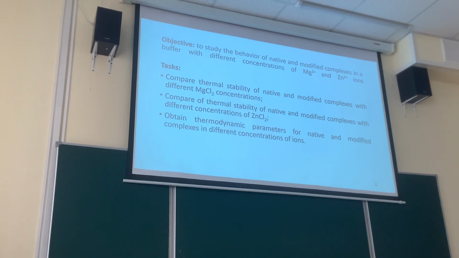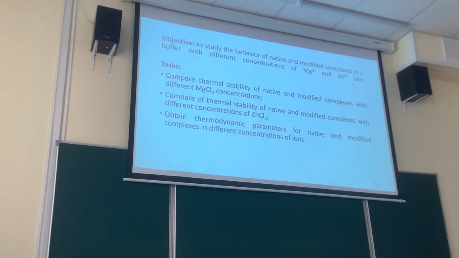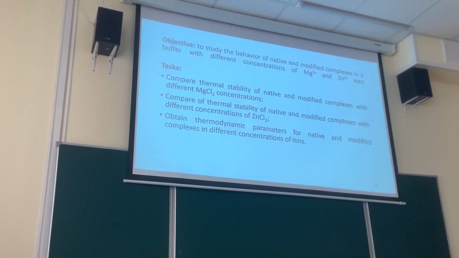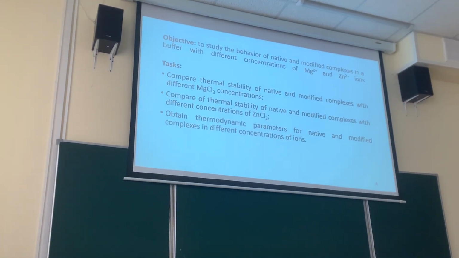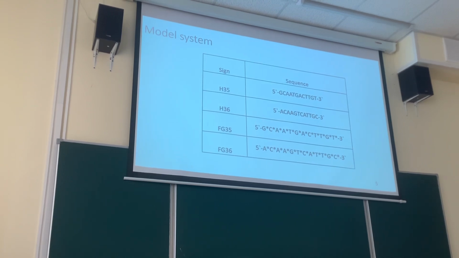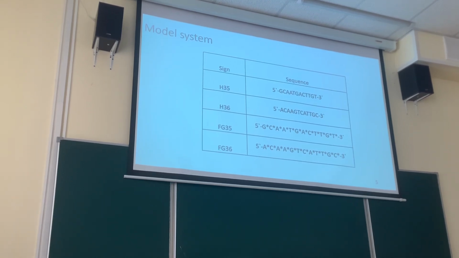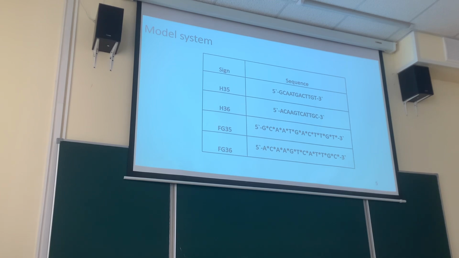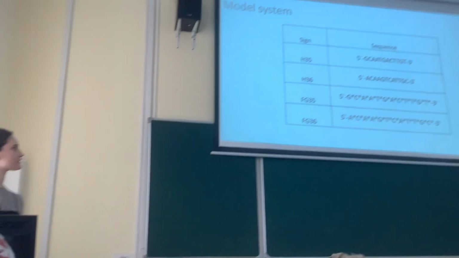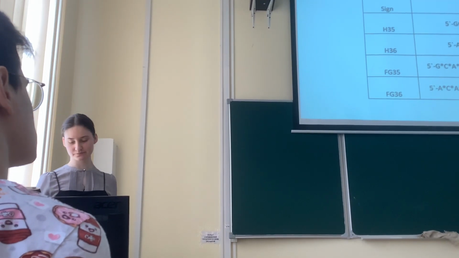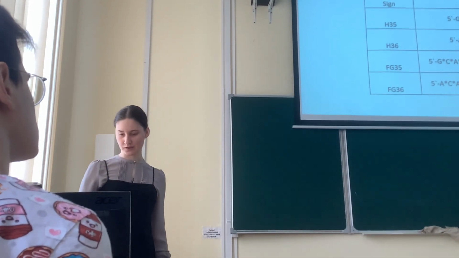I want to study the behavior of native and modified complexes in buffer with different concentrations of magnesium and zinc ions. I use this model system where H means native structures, FG means phosphoryl guanidine modified structures.